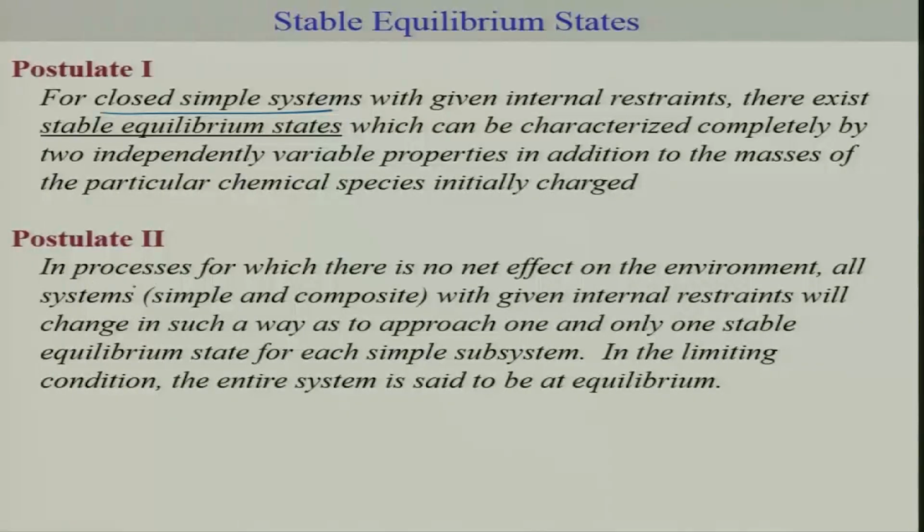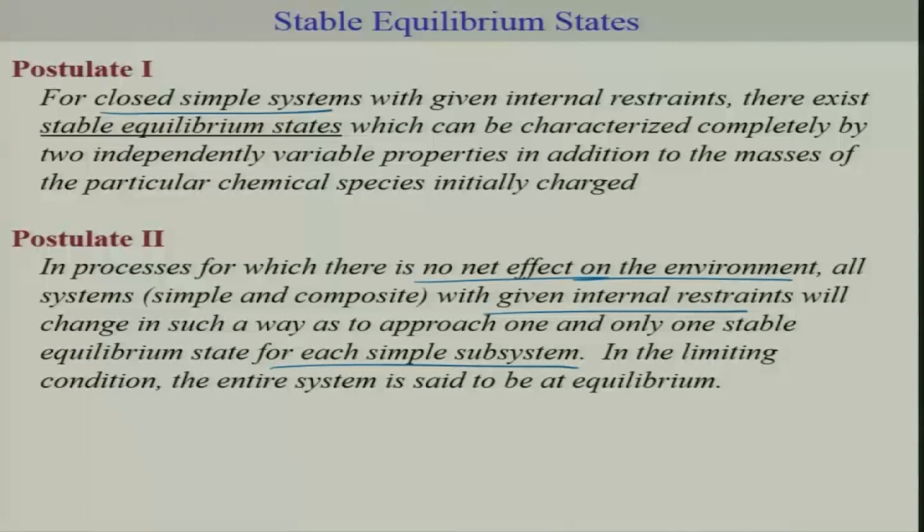Postulate 2 says that in processes for which there is no net effect on the environment, all systems, whether simple or composite with given internal restraint, will change in such ways as to approach one and only one stable equilibrium state for given simple subsystems. Okay.